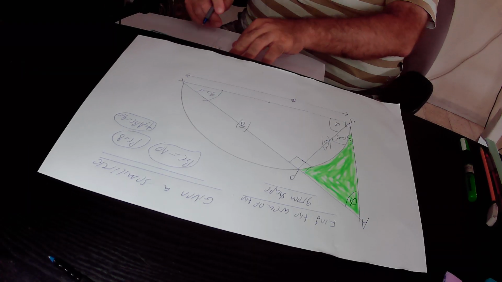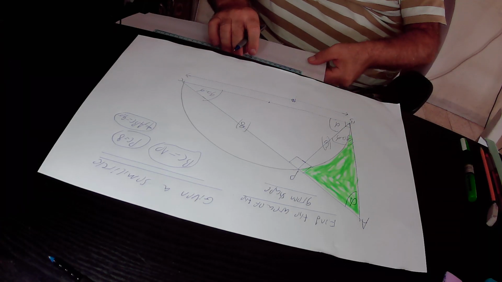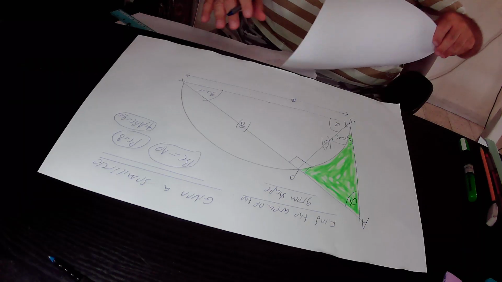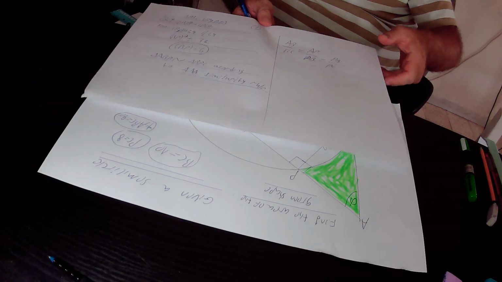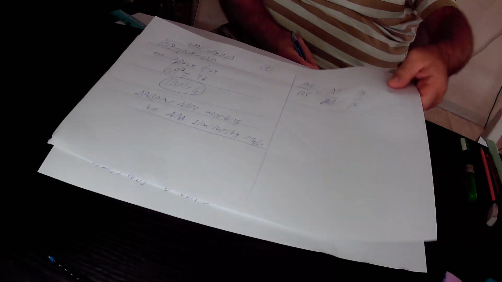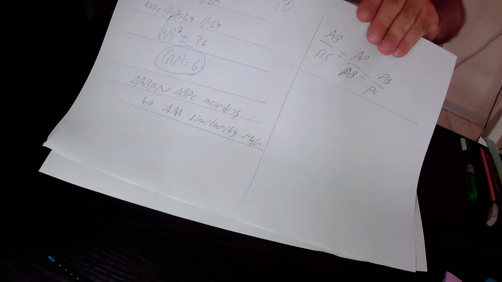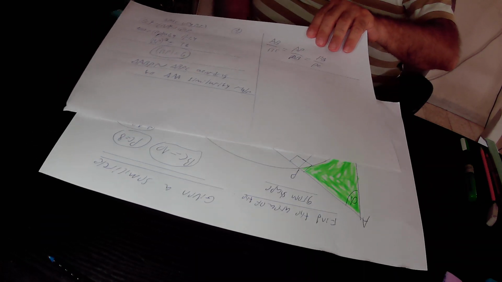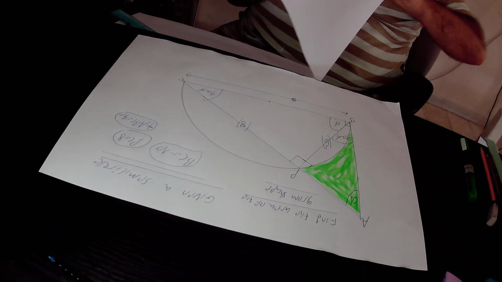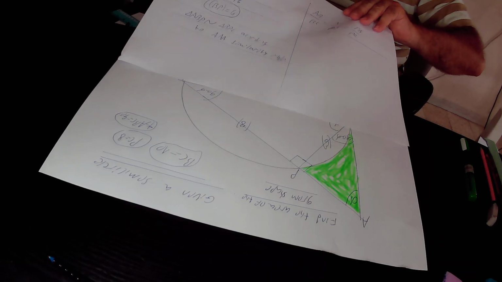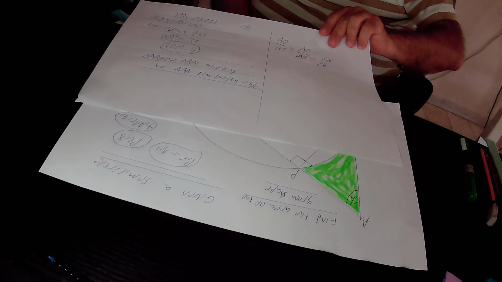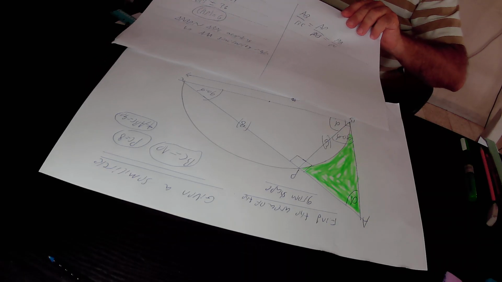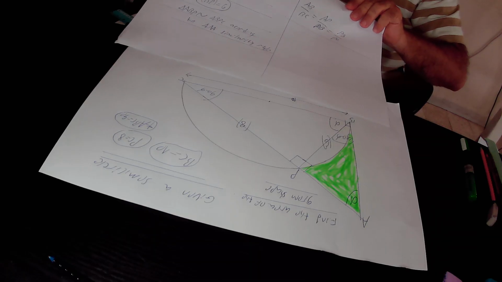So again, from the fact that those two right triangles are similar to each other, the following relationship exists between their sides. Side AB of the right triangle APB over side BC of the right triangle BPC is equal to side AP of the right triangle APB over side PB of the right triangle PBC, and this also equals side PB of the right triangle APB over side PC of the right triangle PBC.